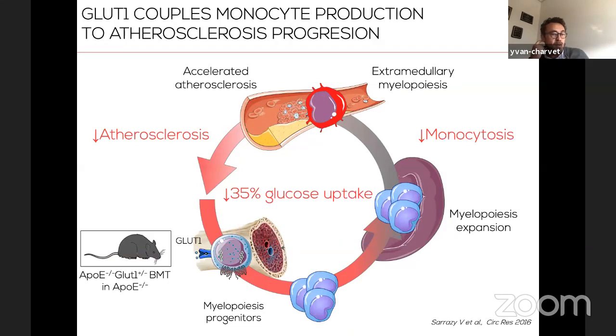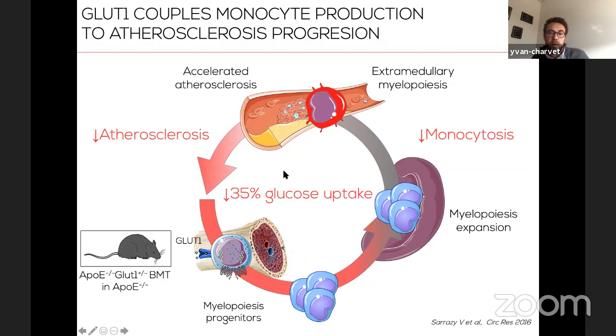And so we decided to test the hypothesis that GLUT1 could be crucial for atherosclerosis development. To prove the concept, we backcrossed the ApoE knockout mice to GLUT1 haploinsufficient mice, and we looked at atherosclerosis in these mice.